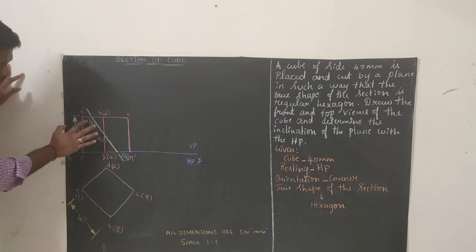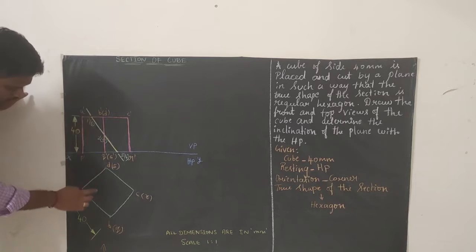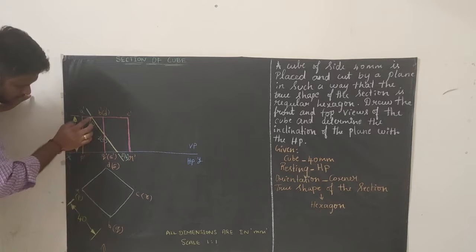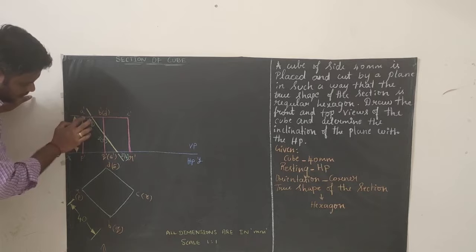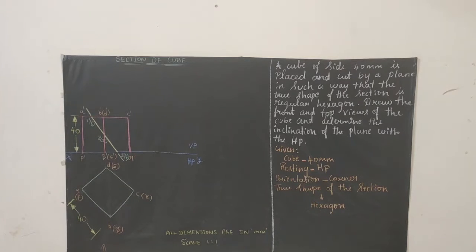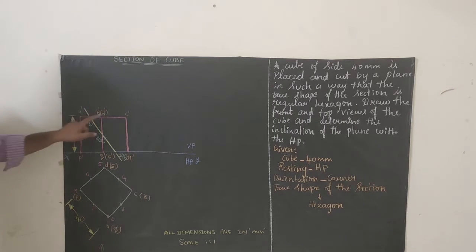1 dash is between A dash and B dash. So just try to extend it so that you will be getting one cutting point 1 here. If you extend the cutting point vertically, 1 dash is lying between A dash and B dash, so you will be getting a point here. I will mark it so that it will be very clear for you. See how I am marking. 1 dash is lying between A dash and B dash.